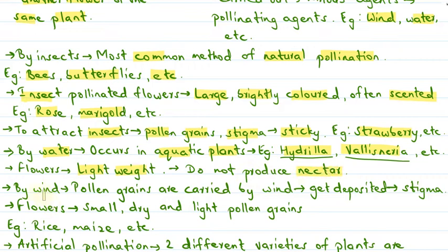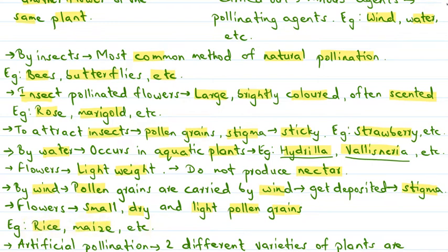Then the next pollinating agent was wind. Here the pollen grains are carried by wind, which get deposited on the stigma. Flowers that are pollinated by wind are small and the pollen grains that they produce are dry and light. This type of pollination can be seen in the case of rice, maize, etc.